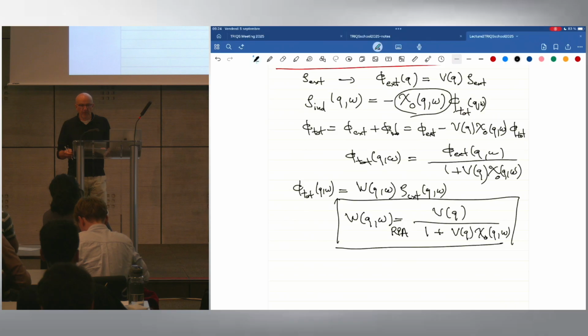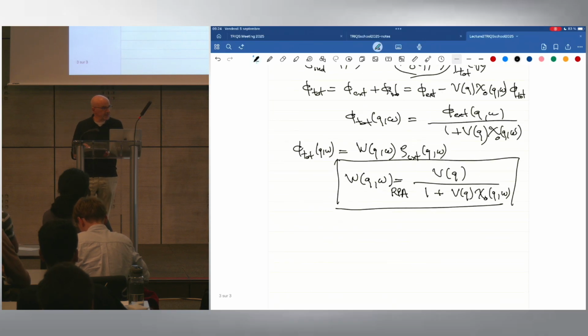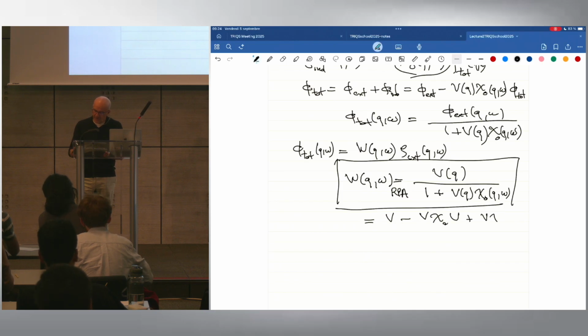So actually, for those of you who like diagrams, you see that I could expand this in powers of V, and this would be something like V minus V chi naught V plus V chi naught V chi naught V minus etc., right?